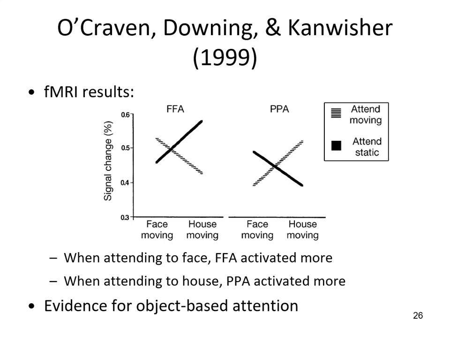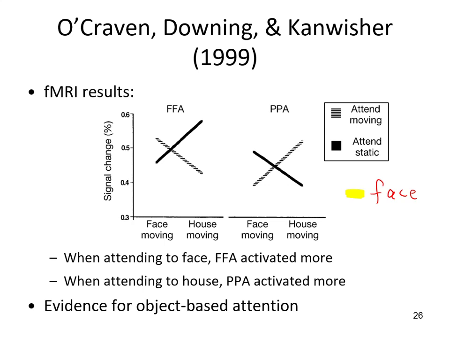Now, first, we have 1, 2, 3, 4, 5, 6, 7, 8 points here. Let us mark all of them. First, which data point refers to attending to face? Let's say we use yellow to represent attending to face.